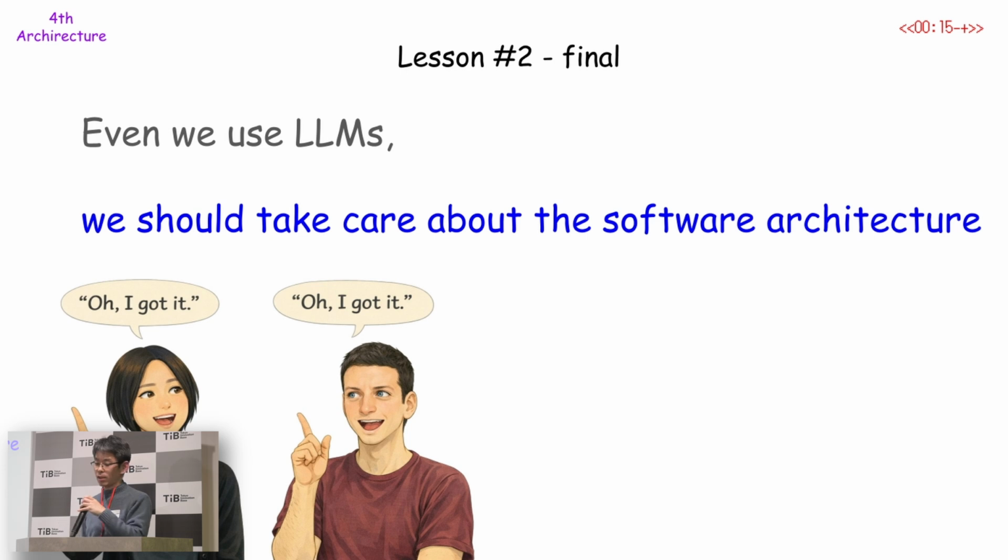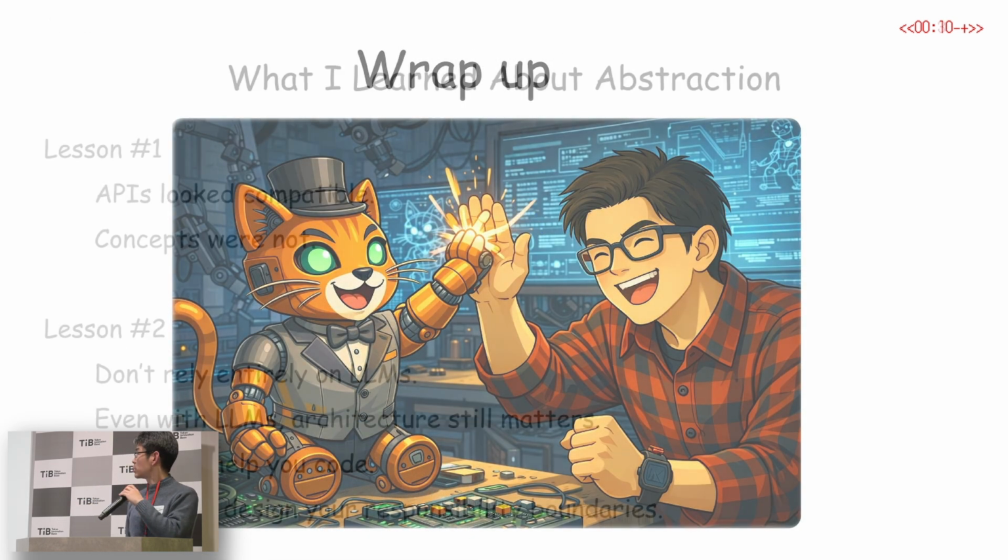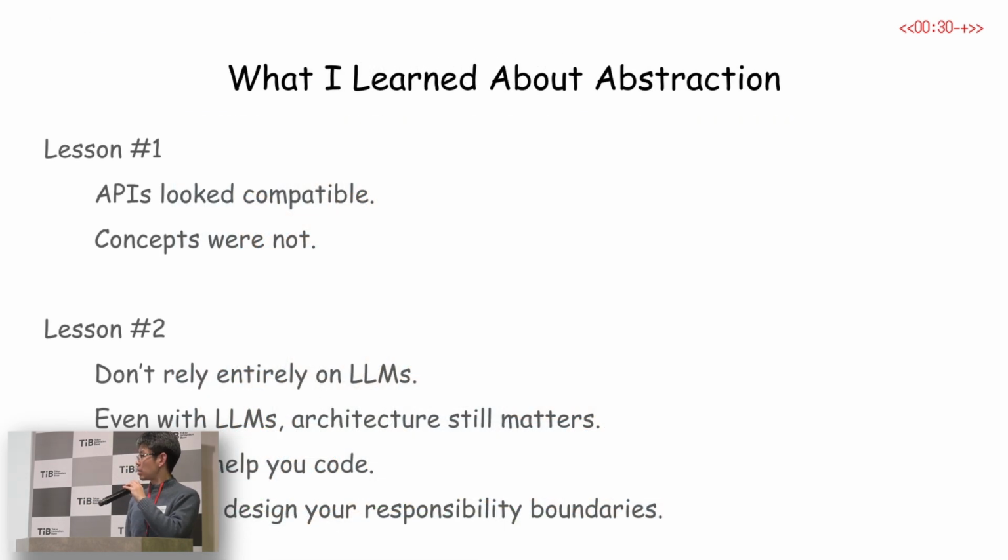So, the wrap-up. I wanted to talk about more and more things, but there is only limited time, so I talked about only 2 lessons. Creating the abstraction layer means not just wrapping the APIs of each SDK, but managing the different concepts.